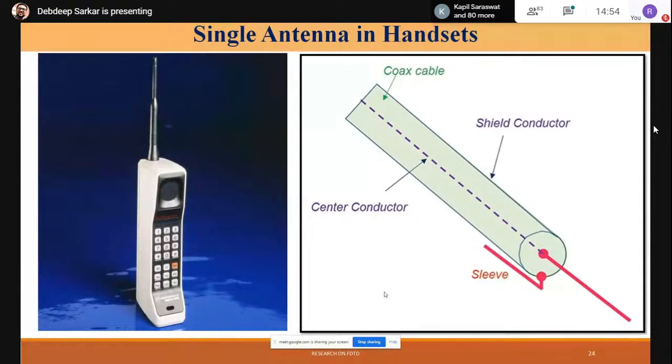We know that in the early days, in the 1980s, the first generation cell phones used this kind of antenna where the sleeve dipole was used. The basic concept of the sleeve dipole is that you can visualize it from a coaxial cable, where the inner conductor protrudes out, and there is a sleeve kind of structure coming out of that, creating the proper balanced current in the system and making the pattern omnidirectional.